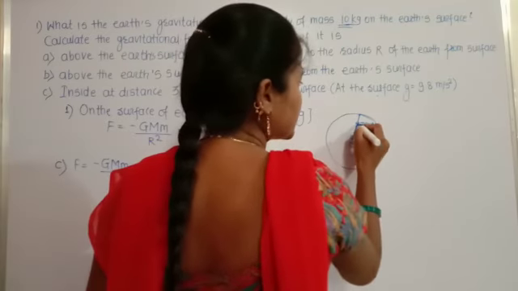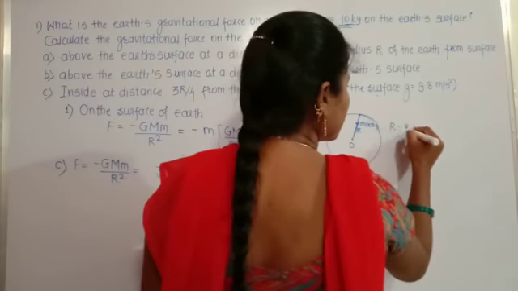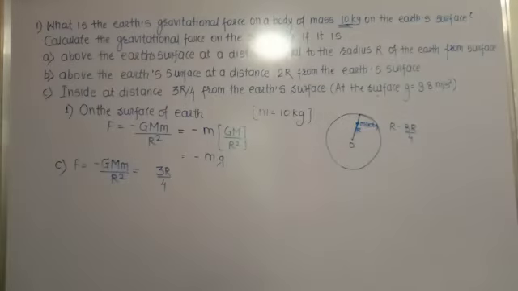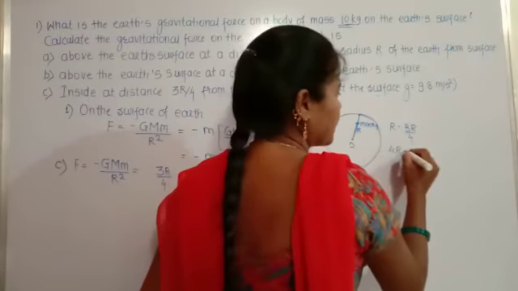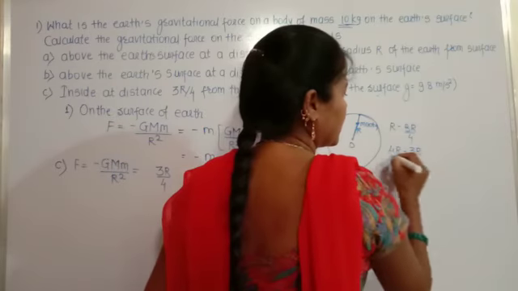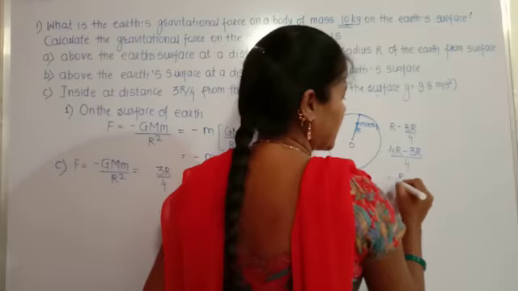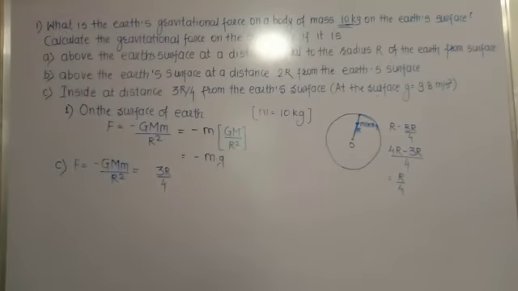So the distance from the center is R minus 3R by 4, which is 4R minus 3R divided by 4, so we get R by 4. This is the distance we have to take.